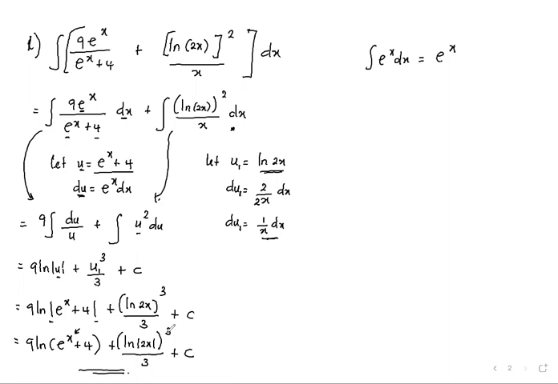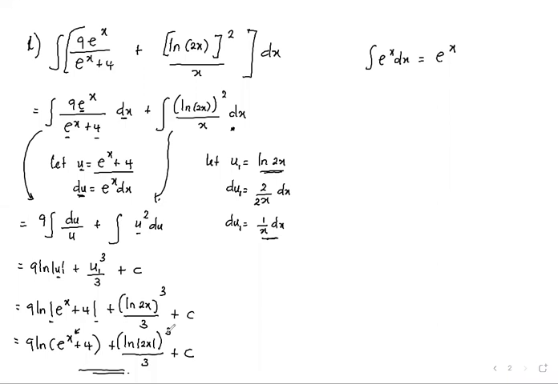Sir, hello. On the part for ln 2x squared over x dx, I'm a bit behind. How did it come up? Where did the power go? When we are substituting, we don't carry the whole power sometimes.